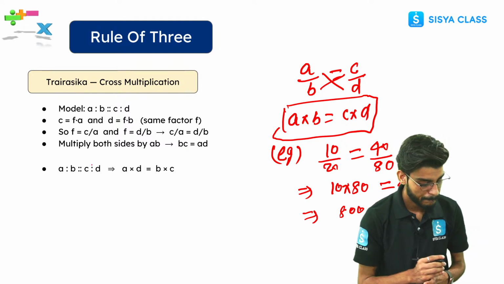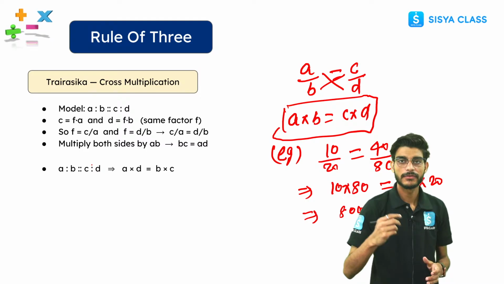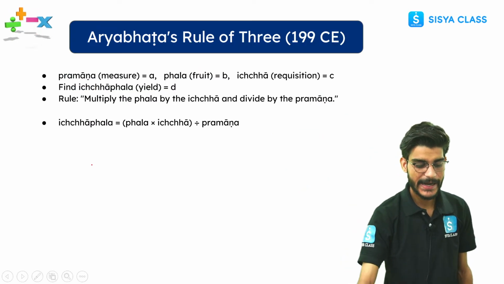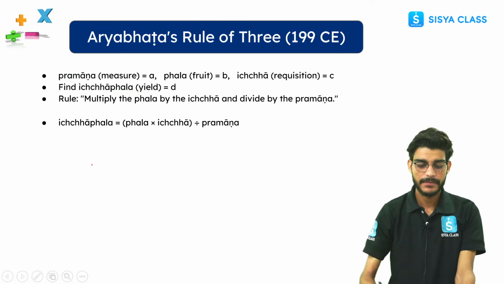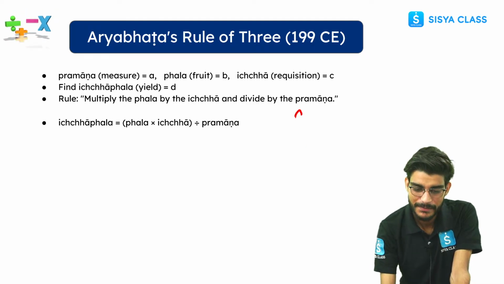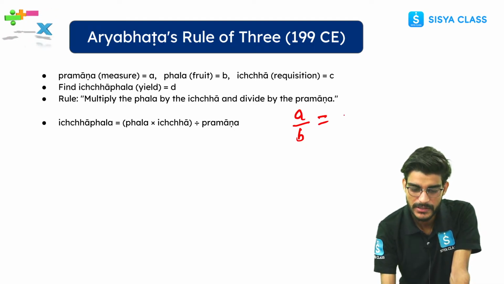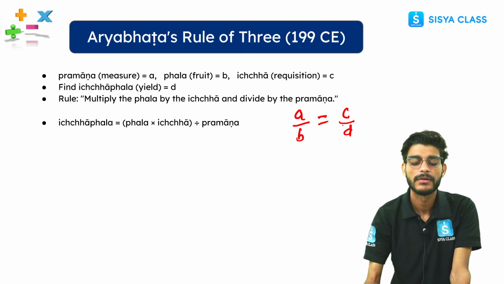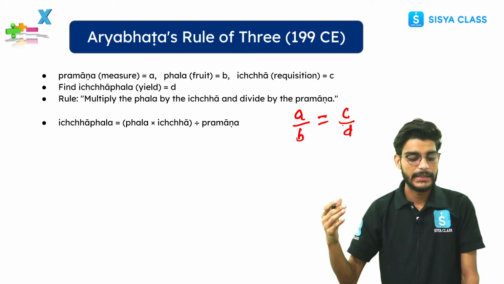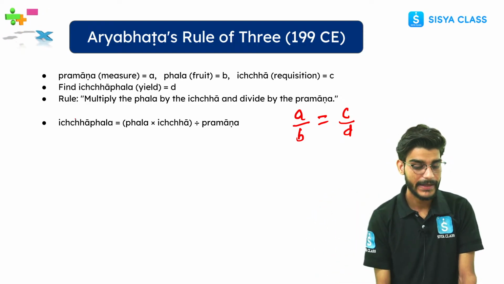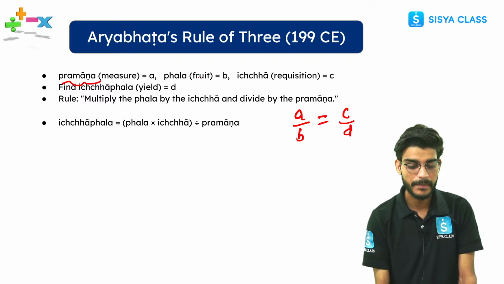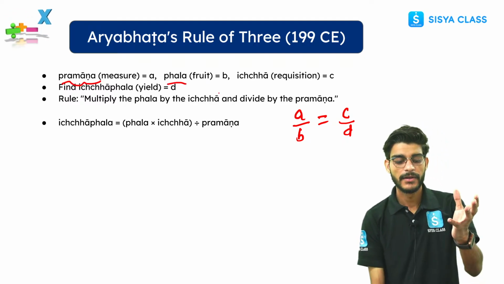Now, before this, there was Aryabhatta. He says that the names are changed here basically. The concept is the same: A upon B equals C upon D. He gave names to A, B, C, D. For A, it is Pramana. For B, it is Phala. Phala means fruit.